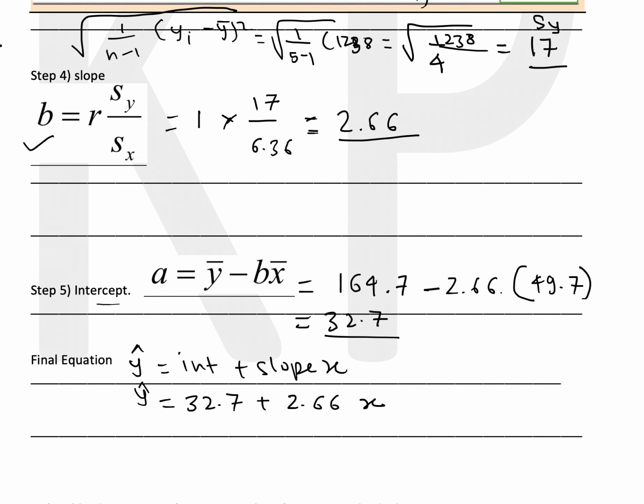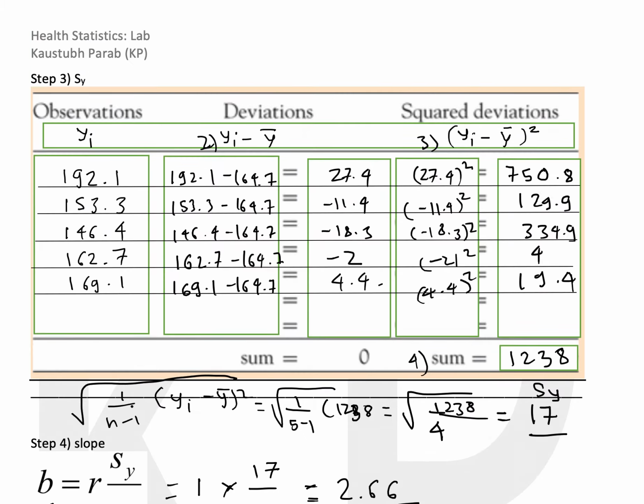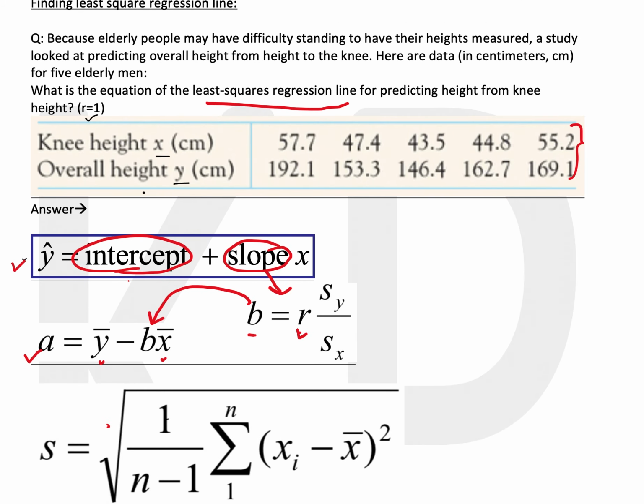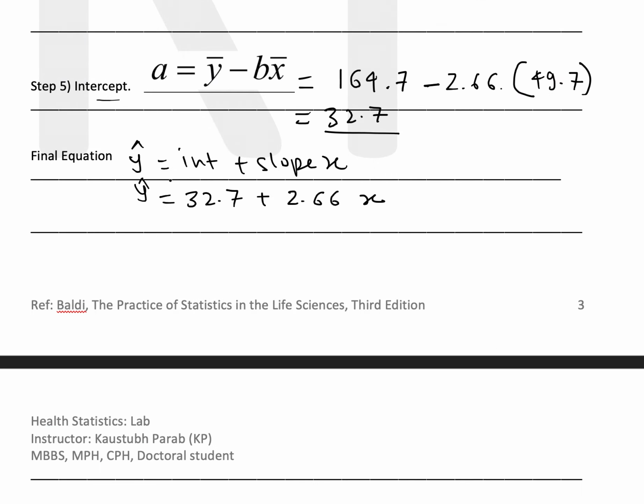And you can also write it in terms of y, what y stands for and x stands for, or the variable name. So y overall height and then x knee height. You can also put that in this. So that is your final answer, or the final regression line equation by least square method.